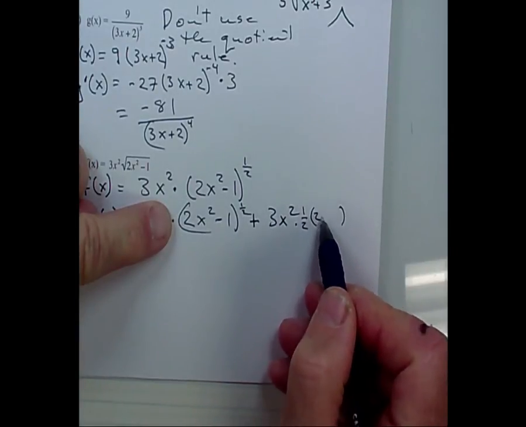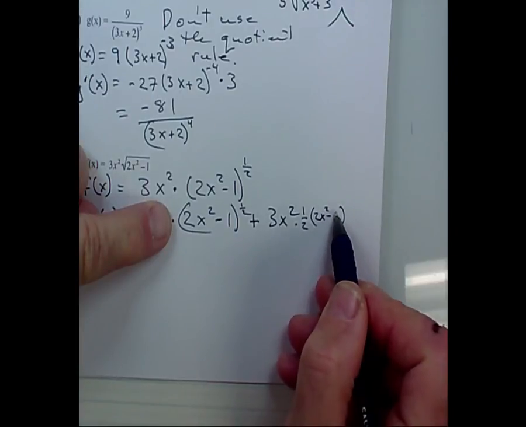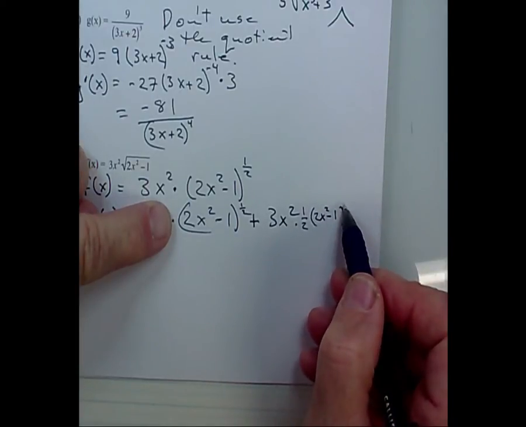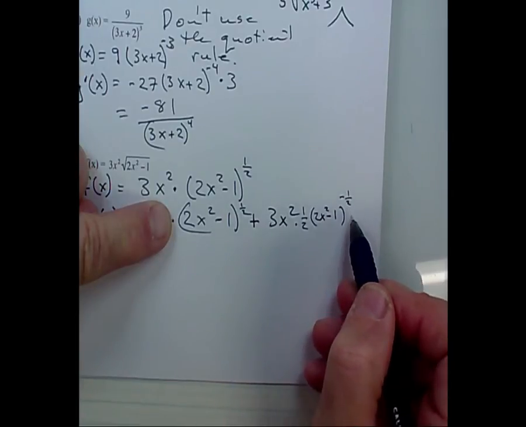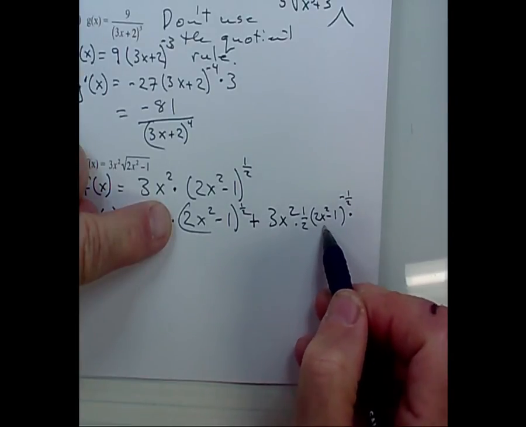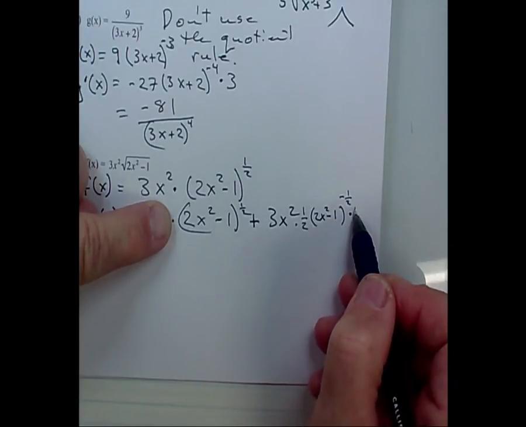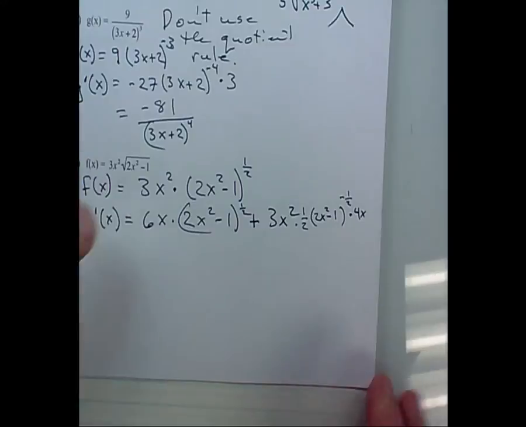And then this doesn't get messed with. Now we're going to change that exponent to a what? A negative 1/2. And now we're going to multiply by the derivative of what's in here. 4x. Everybody okay with that? You get to there, you got 7/10 of a point.